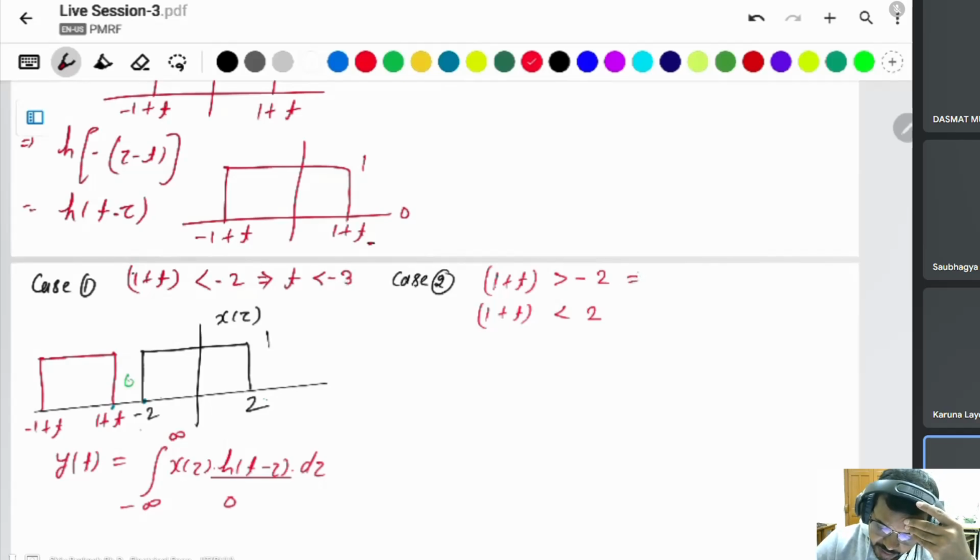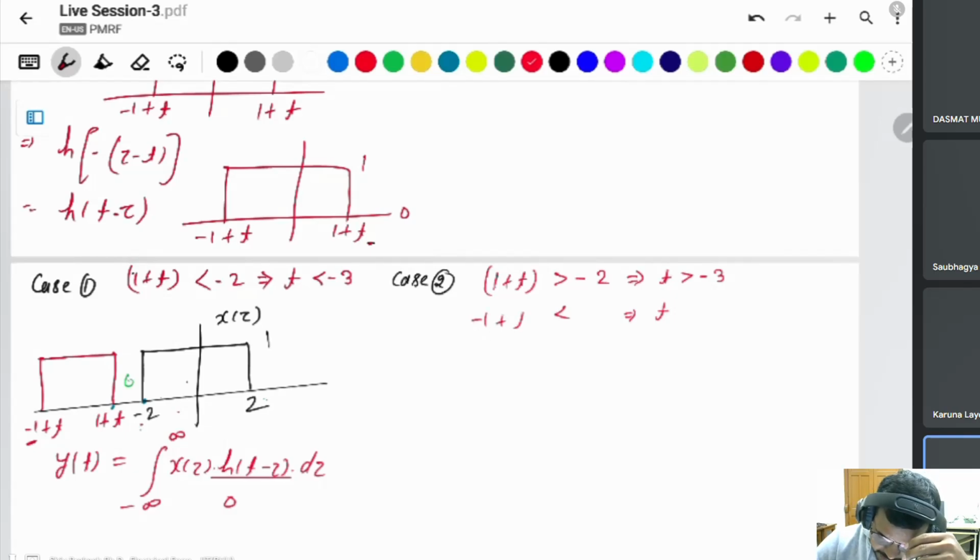Minus 1 plus t is greater than minus 2, but this thing is less than minus 2.